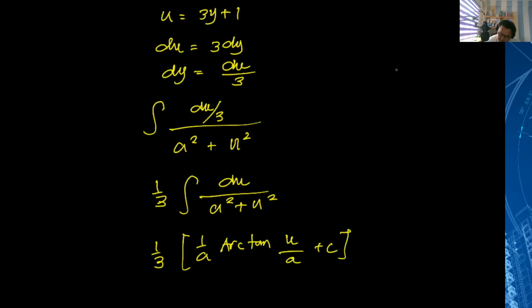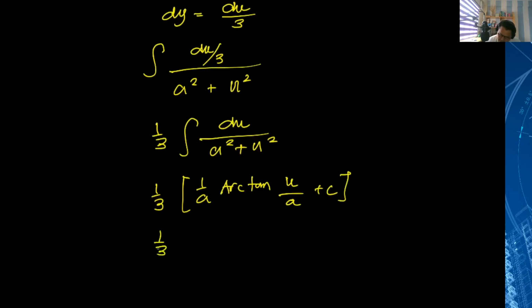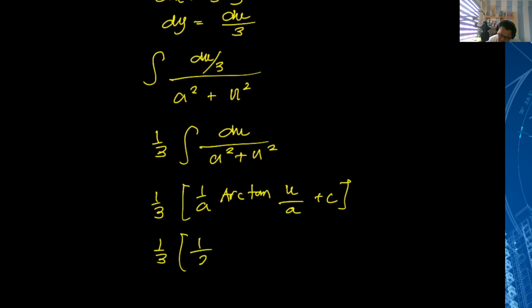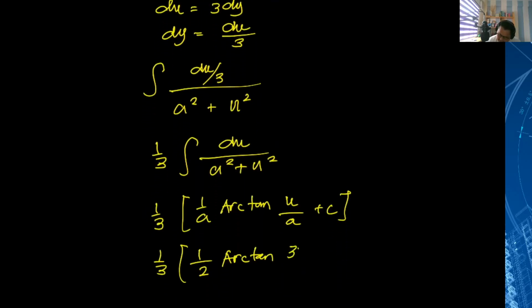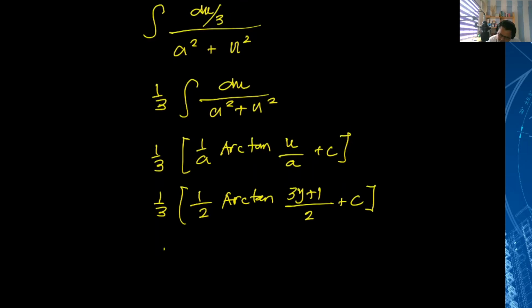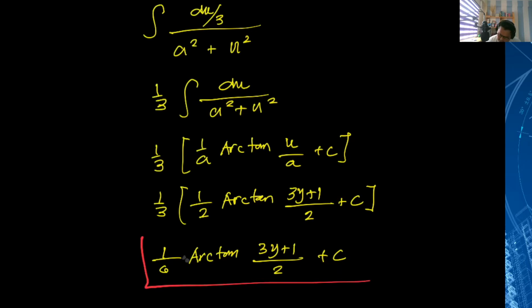Substituting, this becomes 1/3 times 1 over a, where a is 2, arctan of u, which is 3y plus 1, over a, which is 2, plus c. Further, this becomes 1 over 6 arctan of 3y plus 1 over 2, plus c. So this is now our final answer.